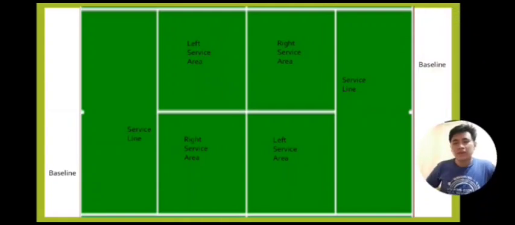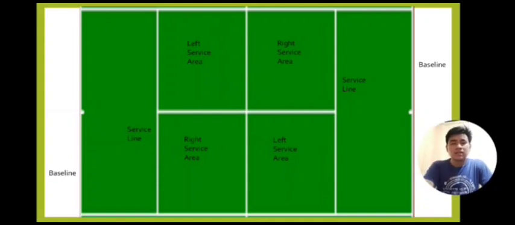So this is what I was talking about earlier. Here is the baseline. This is where they are outside the baseline, about to serve. This is where they will start to execute the serve. Then these are the service lines, right? When serving, they begin with the right service area, starting from the baseline.